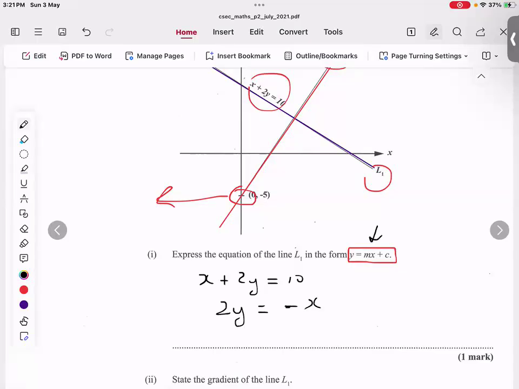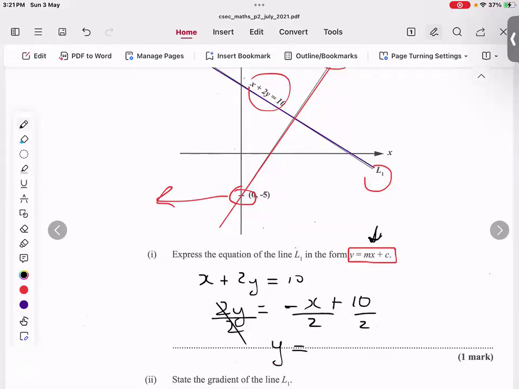And then I'm going to divide by 2. So 2y equals minus x plus 10. Now please bear in mind, guys, if you put the x after the 10, you're not wrong, you're right. But we prefer if the mx is at the front and the constant is at the end. And then you're going to divide by 2, to get y by itself. So then you end up with y equals what?